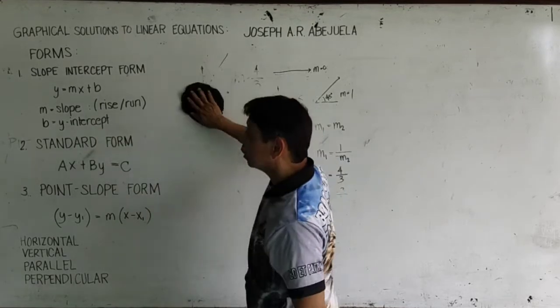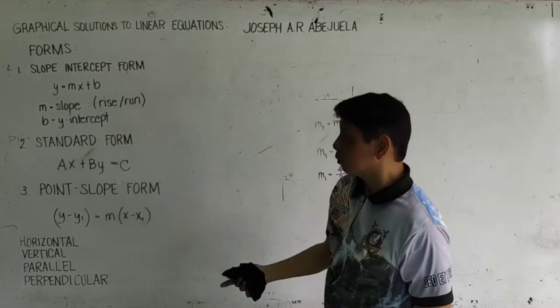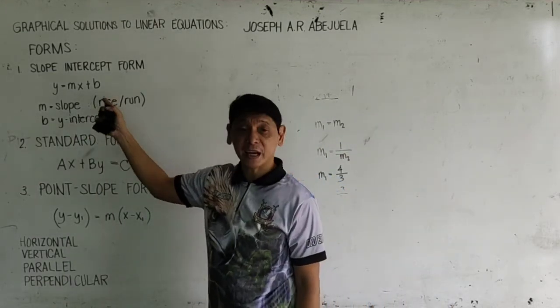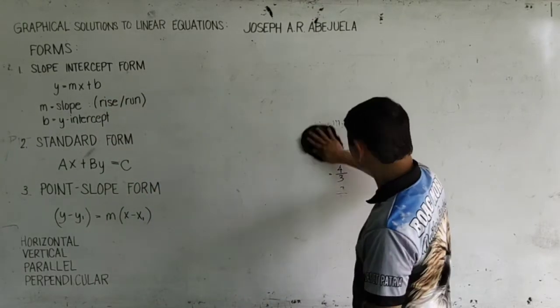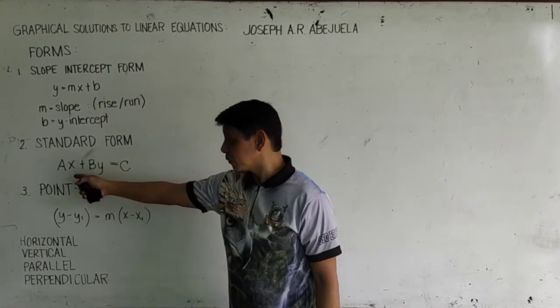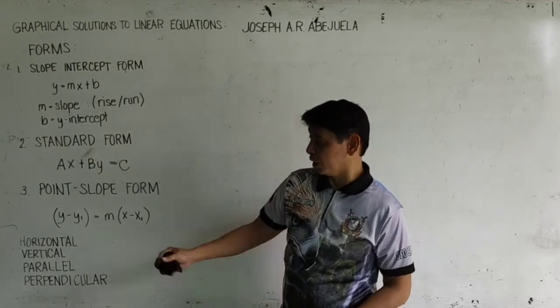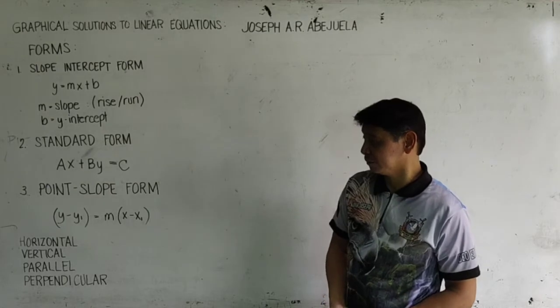Here, b is the y-intercept. Y-intercept meaning it is the value of y when x is equal to 0. So, for standard form, we have the formula ax plus by equals c, where a, b, and c are the coefficients.